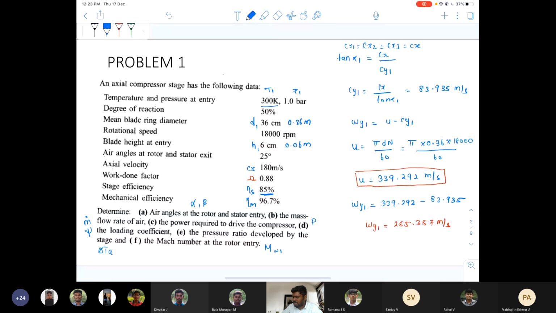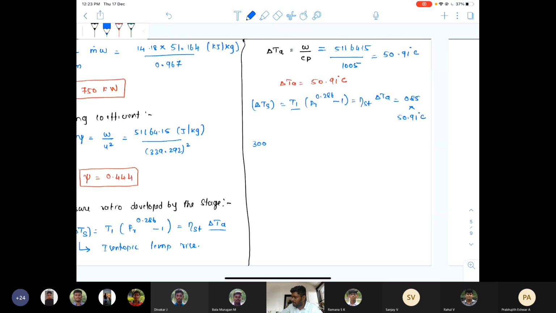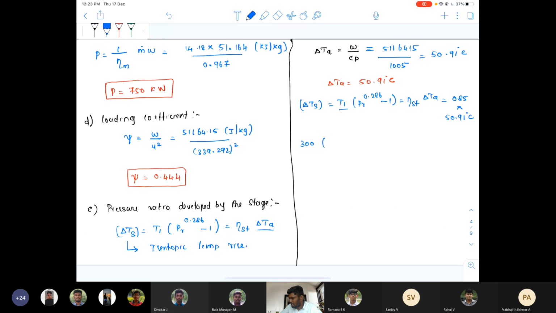By substituting this, you will be getting 300 into (the pressure ratio to the power of 0.286 minus 1) equal to the stage efficiency 0.85 into delta TA, which is 50.91 degrees Celsius.